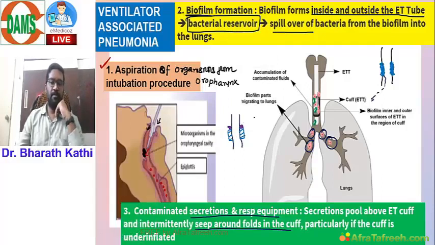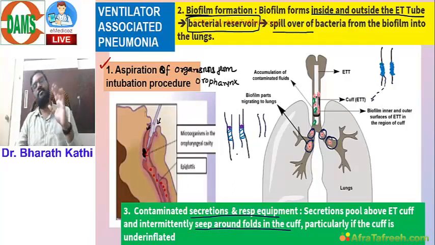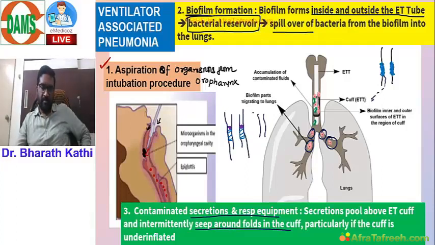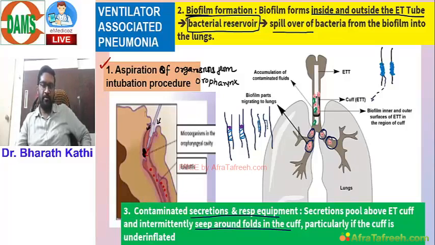So they will not seep into the lungs. Now instead, suppose this is the trachea, and you have inflated the cuff properly so that the tube is in place and secretions are not going down. Now if this is the tube and this is the tracheal wall, and you have not inflated the cuff properly, what will happen?